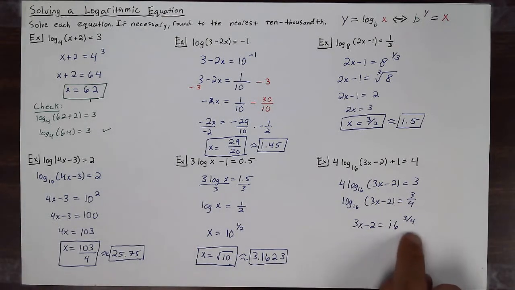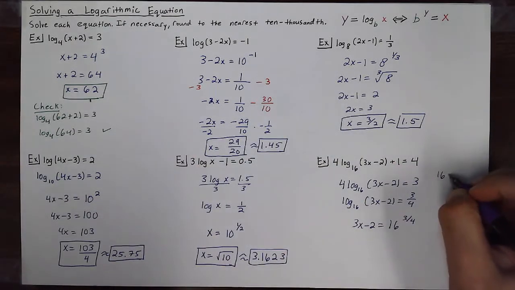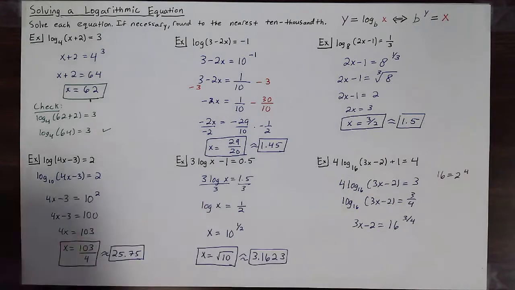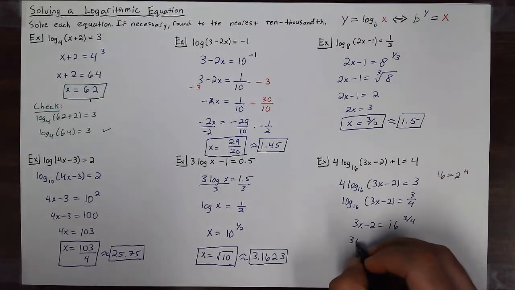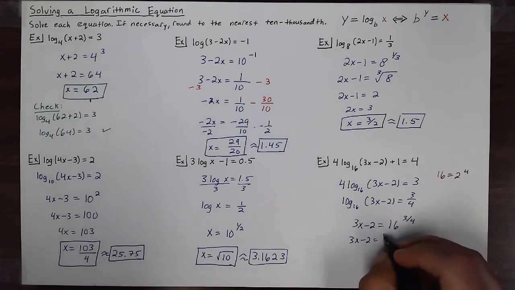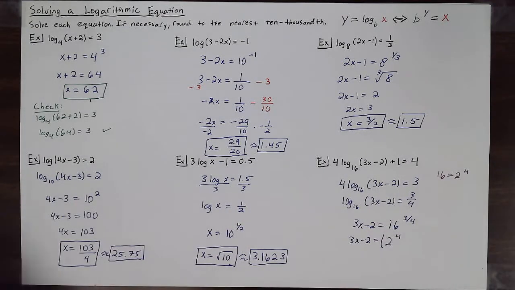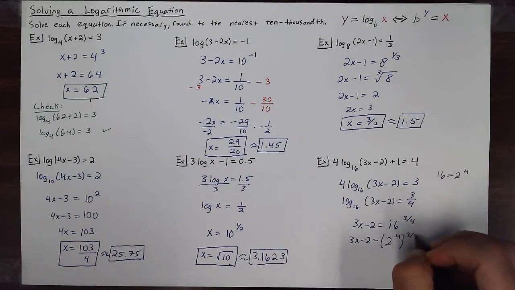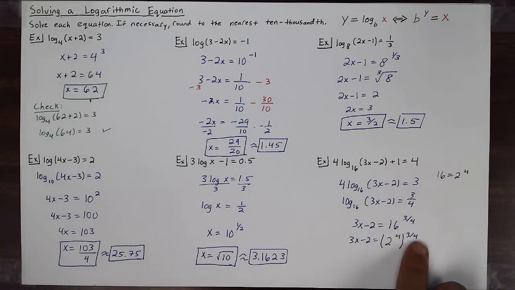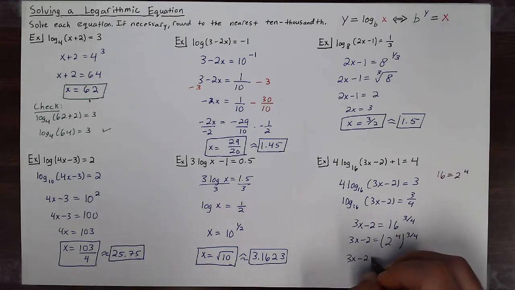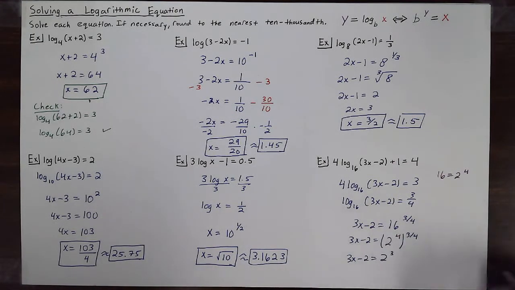Another way you can simplify these rational exponents is to rewrite the number as a smaller number raised to a power. 16, for example, is also known as 2 to the 4th. So I can rewrite 16 as 2 to the 4th power instead raised to the 3/4, and now you can multiply those exponents. 4 times 3/4 is 3, so we get 3x minus 2 is equal to 2 to the 3rd, which is 8.